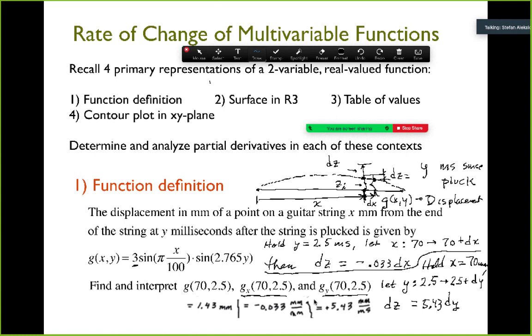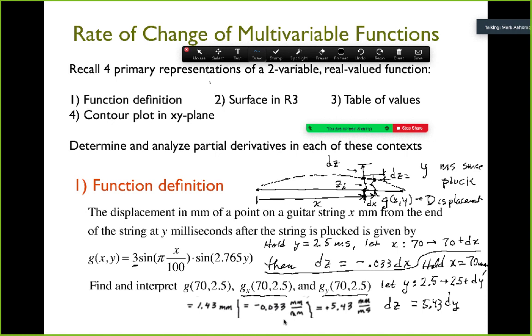So every time it changes slightly, it changes by 0.033 millimeters, and then another second later by the same amount. So then it keeps going on and on like that until it gets to its equilibrium point, right?